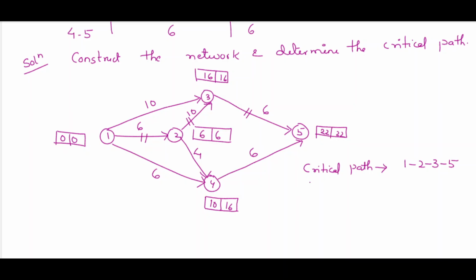So the critical activities are 1 2, 2 3 and 3 5. All other activities except 1 2, 2 3 and 3 5 are non-critical activities.